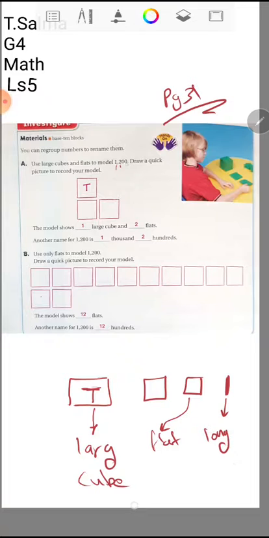There is no tens, there is no ones, so I will not describe anything in tens and ones. So I have 1 large cube and 2 flats. That means I have 1000, right? 1000, and 2 flats, that means I have 200.